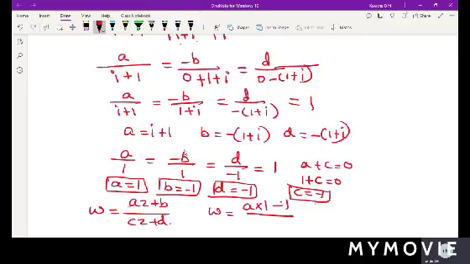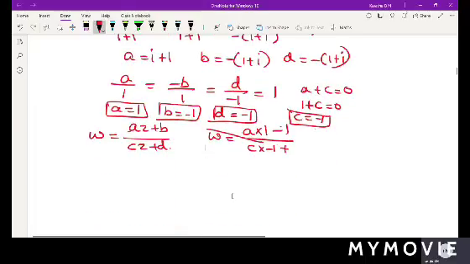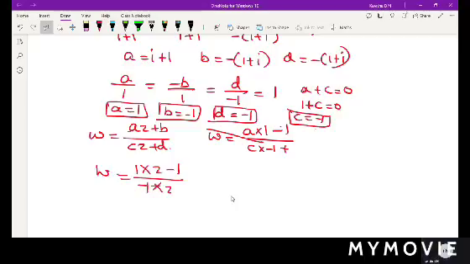a into z is 1 into z, plus b value minus 1, divided by c into z, that is minus 1 into z, plus d value minus 1.